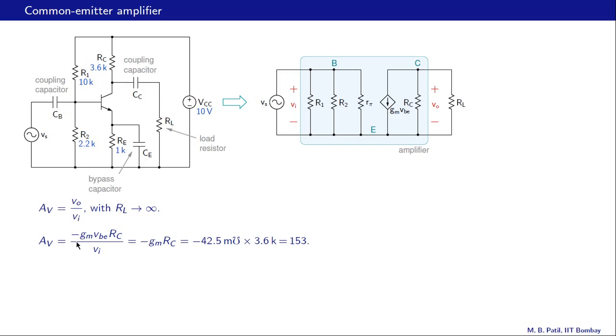So AV is minus GM times RC divided by VI, and VBE, this voltage, is the same as VI, and therefore these two cancel and we get minus GM times RC. So that turns out to be minus 42.5 millimhos, which we have computed earlier for this particular example, times 3.6 K, that is RC. That turns out to be 153. So that is the voltage gain when there is no load resistance connected, or when RL is equal to infinity.